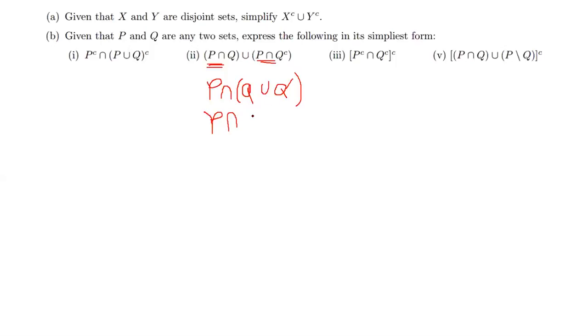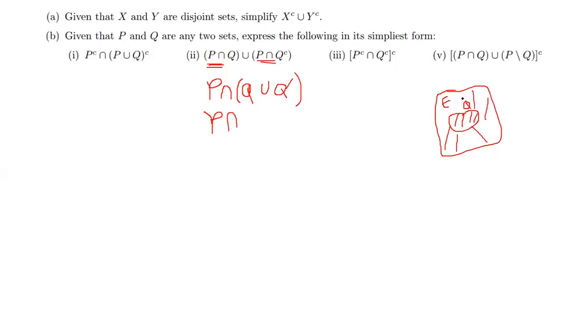So Q union Q complement is just the same as if I have a set here. This is set Q. So Q is what is inside there. Then when I combine it with Q complement, that is something which is just outside there.